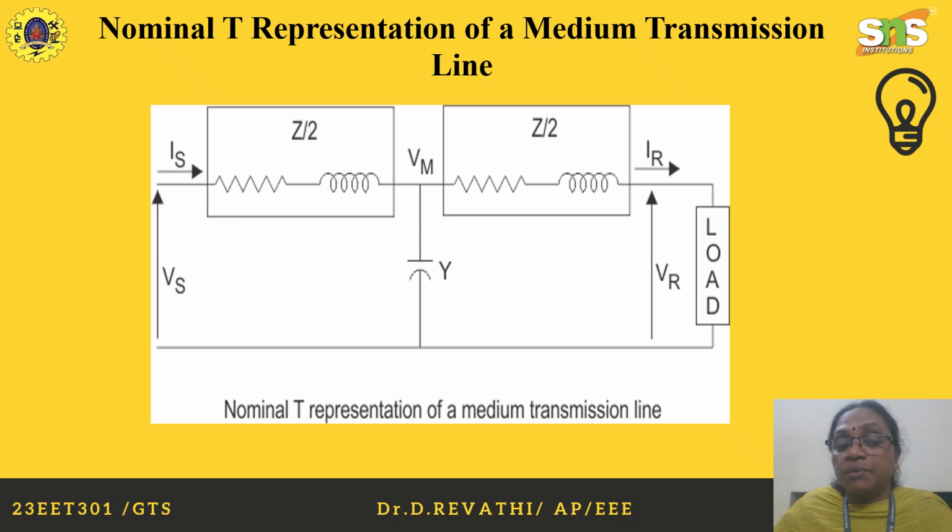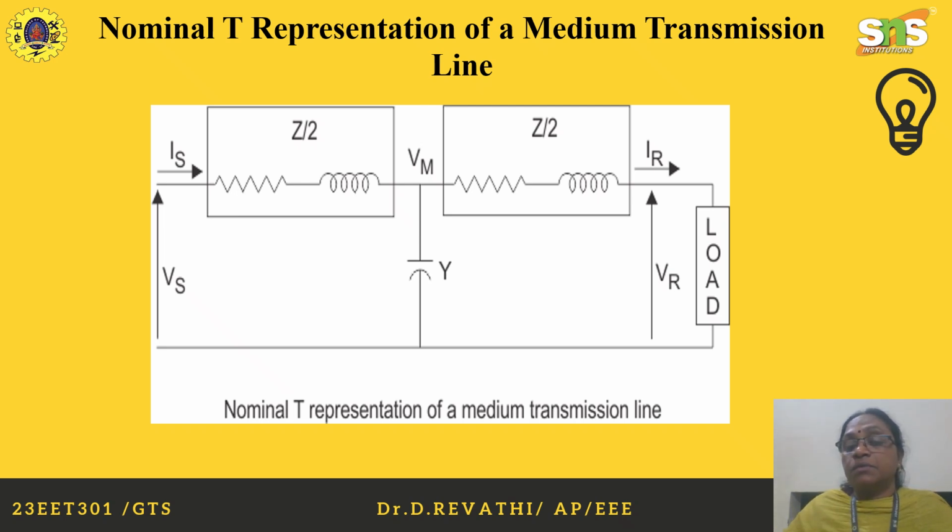So it looks like a T, with two impedances and one admittance, and that's why it is called the nominal T method. Here also we are representing Vs, Is, IR and VR.